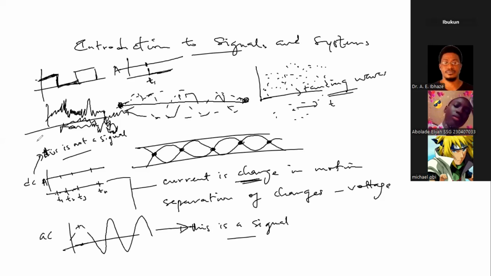That's why I place this here. Let's change the color. I said this is not a signal, okay? DC is not a signal. So it can be part of a signal, okay?